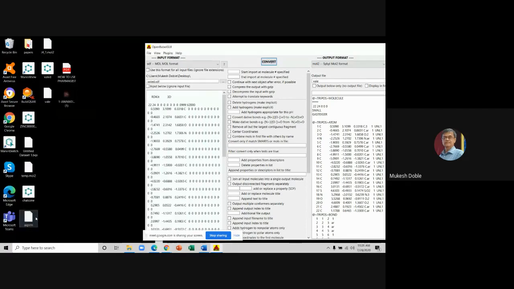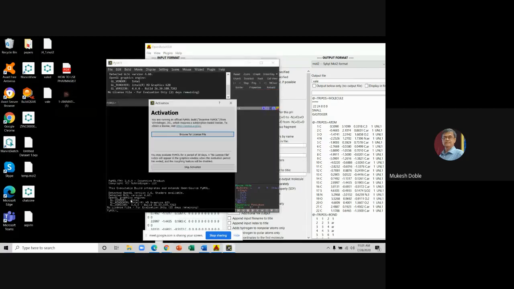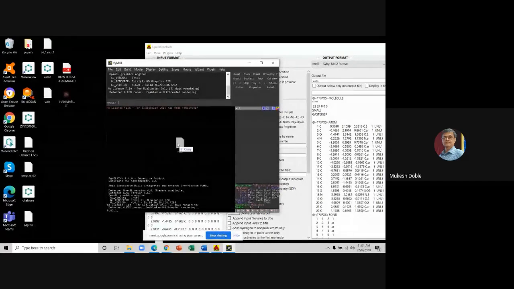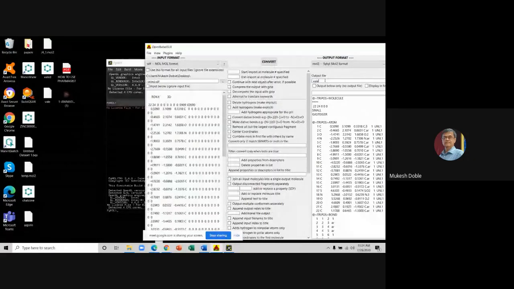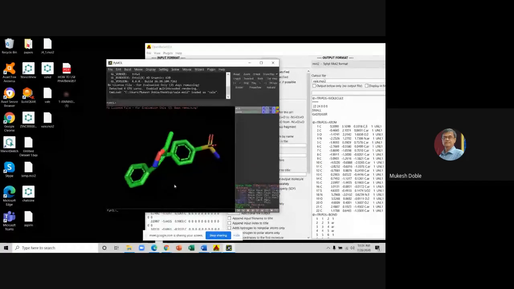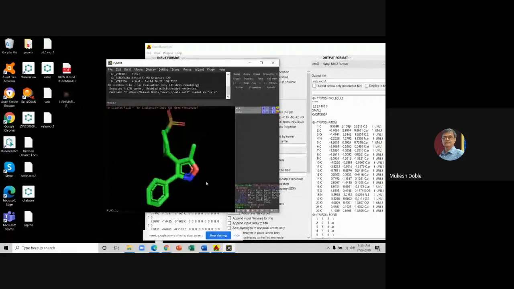You can download it. It's free for us. As you can see, PyMol is a software which can view MOL2 format.